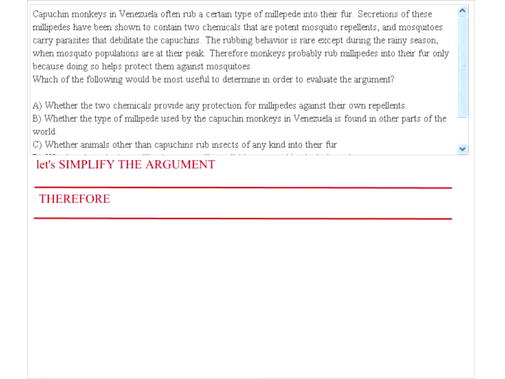Yeah, okay, the one that Alina typed into the window there is nice and compact, so let's do that. The conclusion is that rubbing the millipedes must protect against mosquitoes.